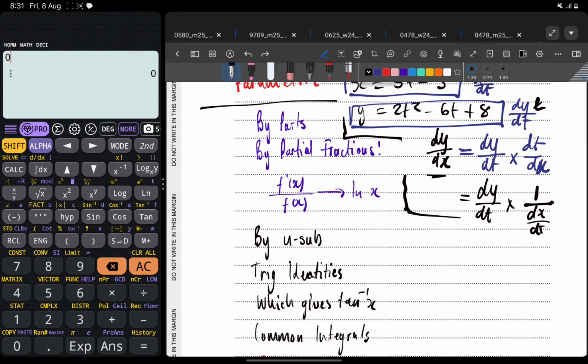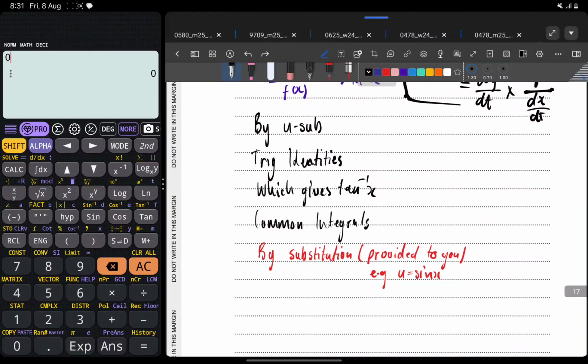Integration has by parts and by partial fractions, which are the same idea as the product rule in differentiation. In here you'll be combining functions in different ways, and you'll say, for this one I use u-substitution, for this one I use by parts, just like in differentiation you said, for this one I use the product rule, for this one I use the chain rule. Are you hearing? Good. Now let's go and see the situations.